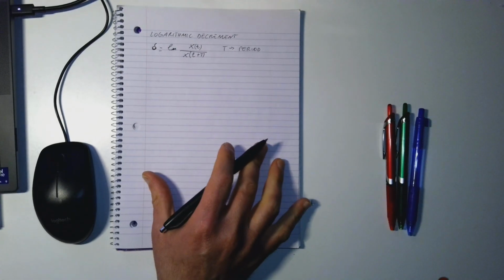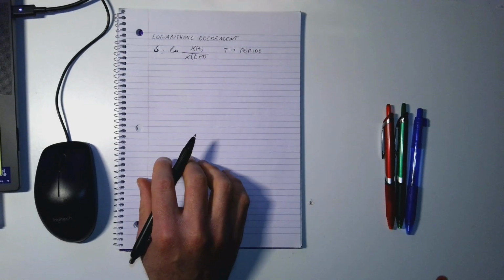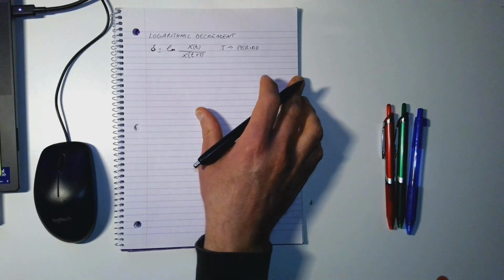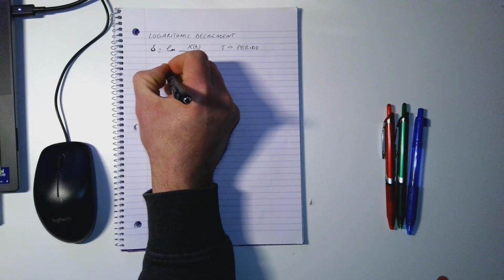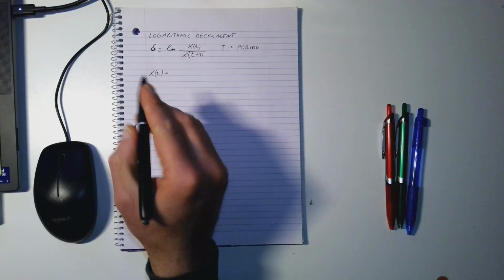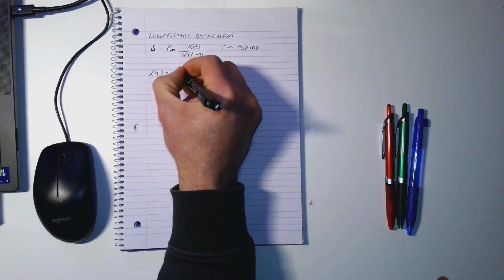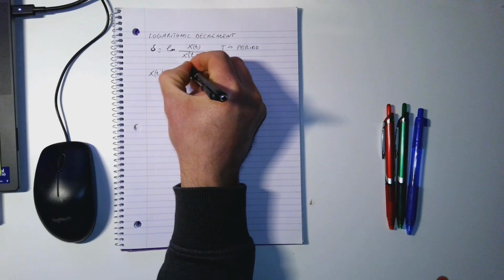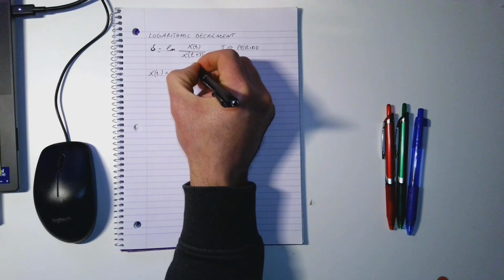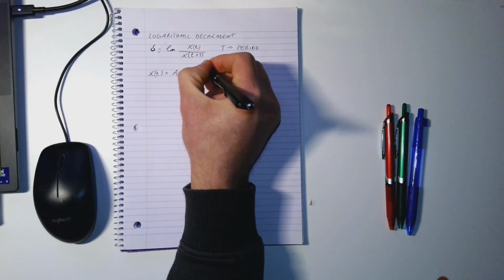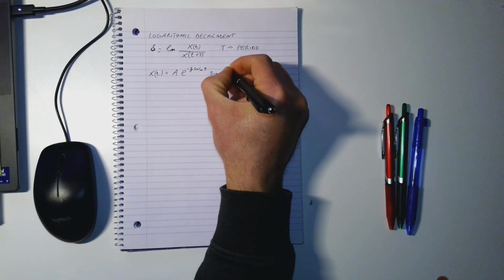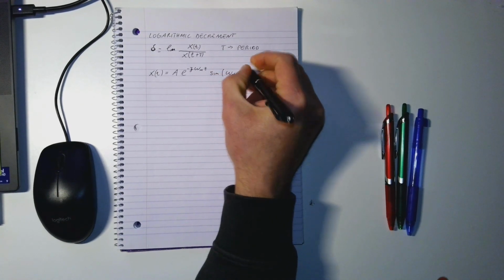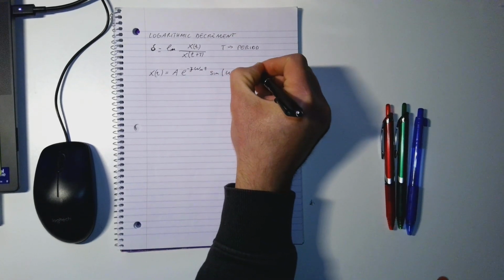Now if we consider the underdamped response that we found previously, the generic solution will be x of t equals A times e to the power of negative zeta omega n t multiplied by sine of omega d t plus phi.